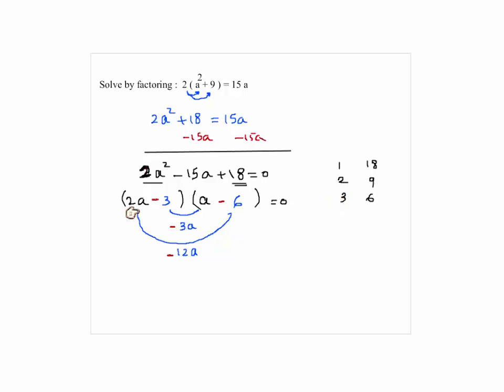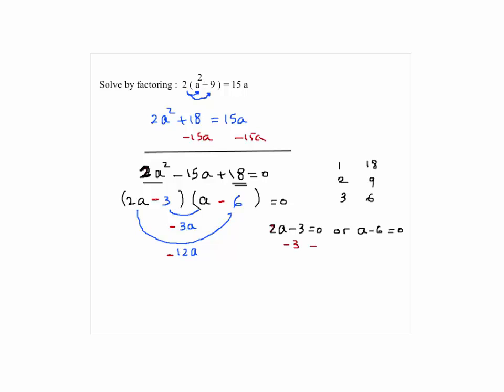So once I get it to this point here, okay, let me see. Milagros, can you tell me what would be the next step to solve for a? You set each individual one equal to 0. And then you add the 3 on both sides.